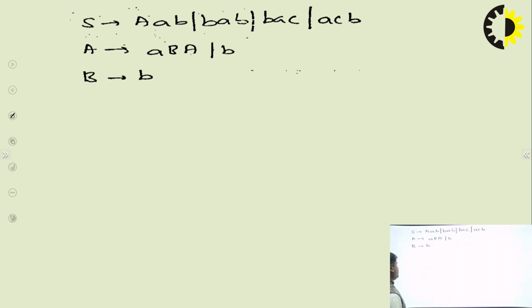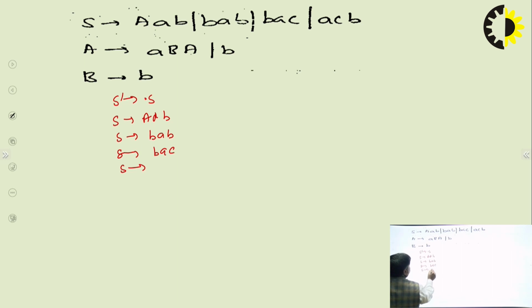First, we draw the augmented grammar: S' tends to dot S, and S tends to AB, S tends to BS, S tends to BAC, S tends to ACB, A tends to ABA, and A tends to B. The A production we have already explained, B no problem.